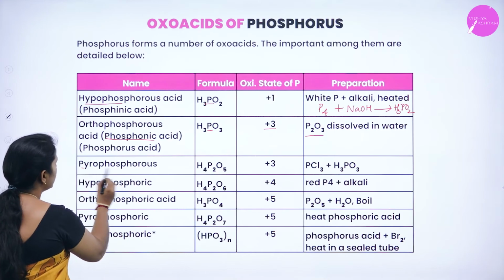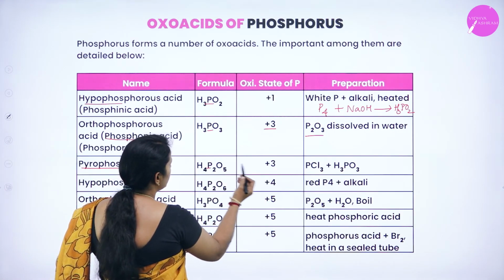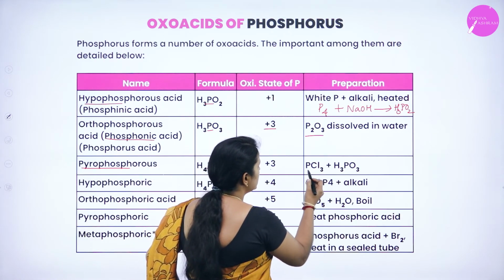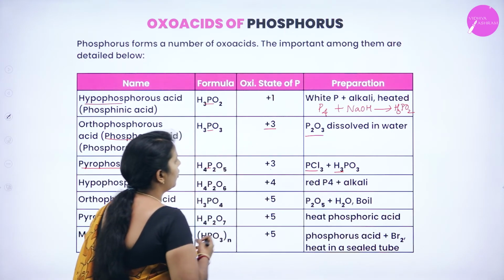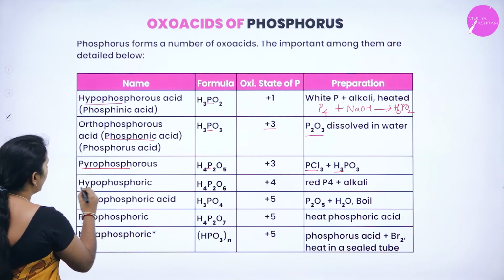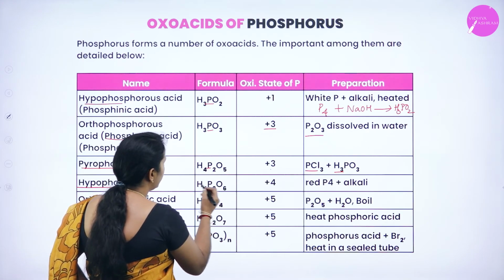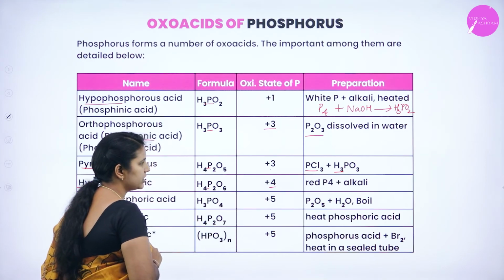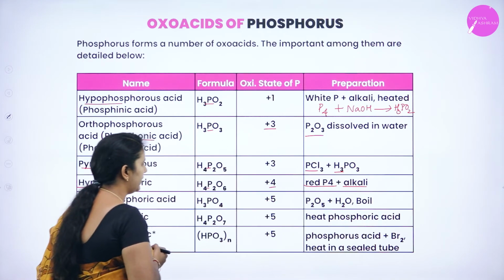Coming to pyrophosphorous acid, the formula is H4P2O5, where phosphorus exhibits a +3 oxidation state, and it is obtained by allowing phosphorus trichloride to react with phosphorous acid or orthophosphoric acid. And coming to hypophosphoric acid, the formula is H4P2O6. In that, phosphorus exhibits a +4 oxidation state and it is obtained from red phosphorus with alkali.